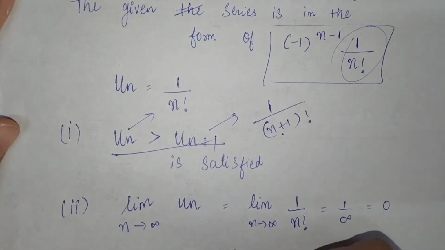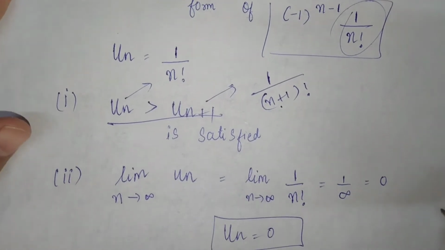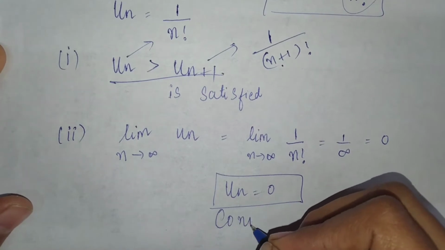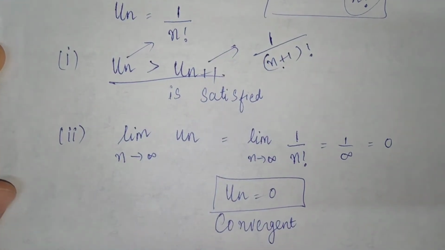As we got un equal to 0, according to the Leibniz test, we can directly say that the given series is convergent. Both the conditions are satisfied, so the given series is convergent.